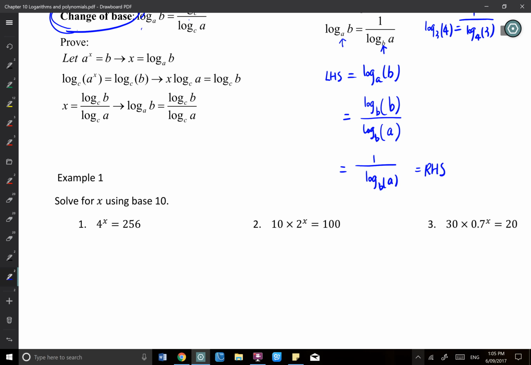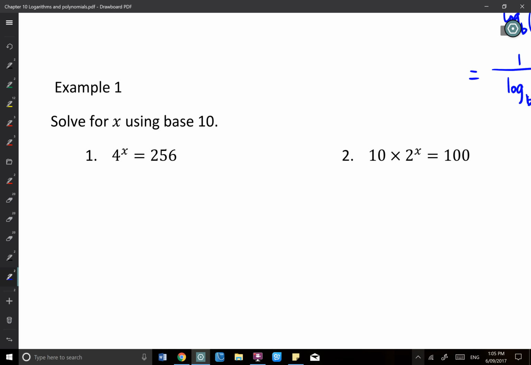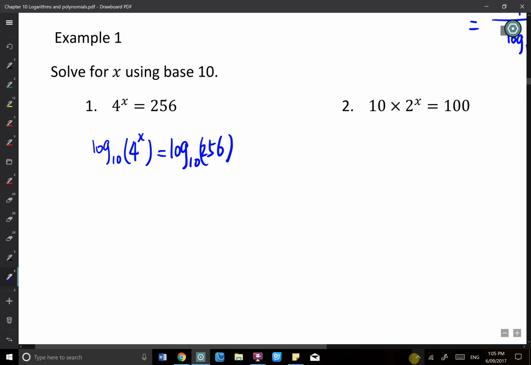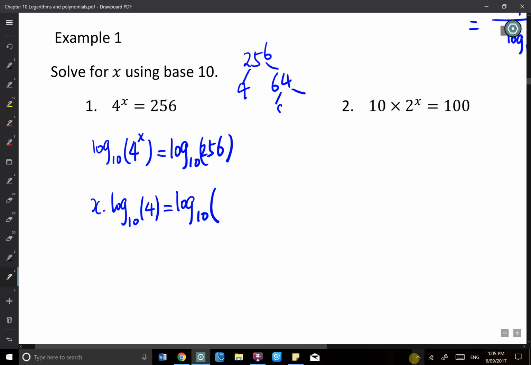I want to solve the following using base 10. So what do I have here? log_10 of 4 to the power of x equals log_10 of 256. x times log_10 4 equals log_10 256. What is 256 divided by 4? 64, then 16, then 4, so 4 fours: 4 to the power 4.